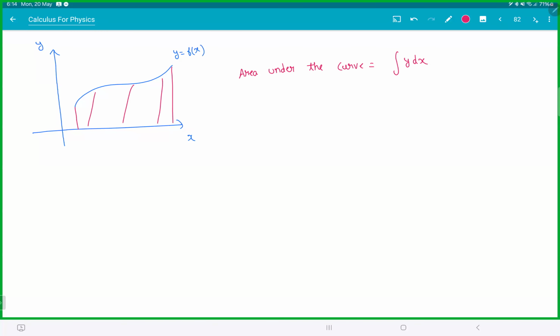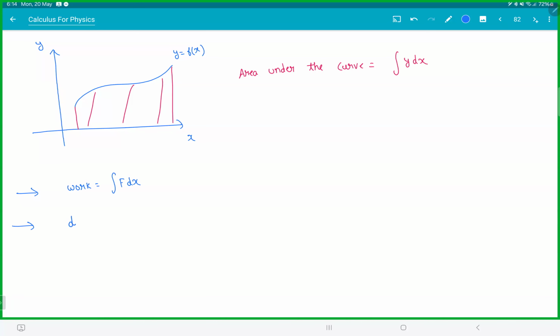Now, how to calculate that, we will see. It is not only for area, you can actually use it for different things. Later on we will see it for work, integral f dx. Getting it? You will have a lot of things like this.